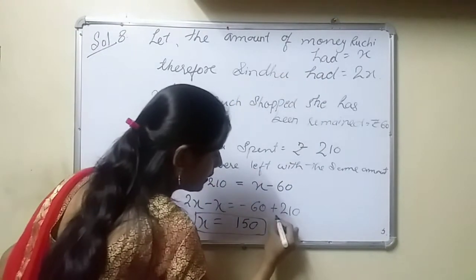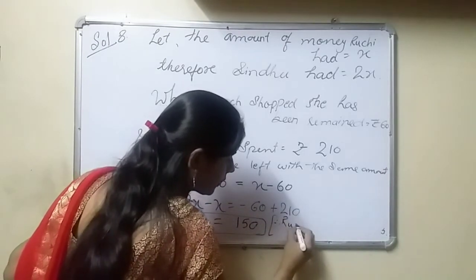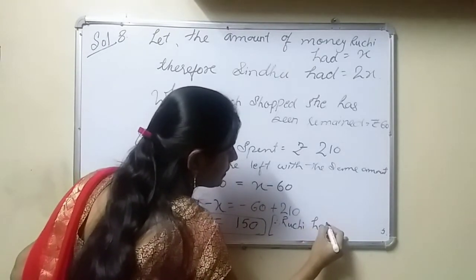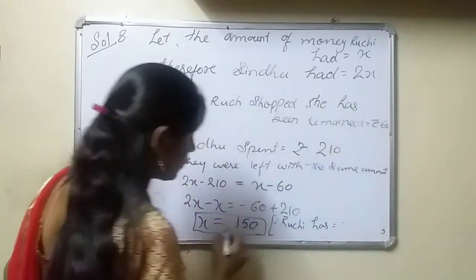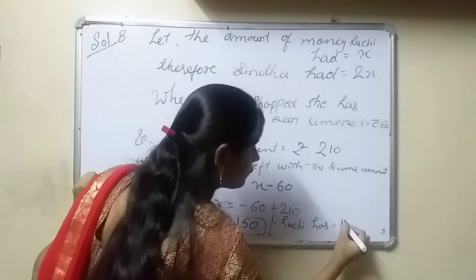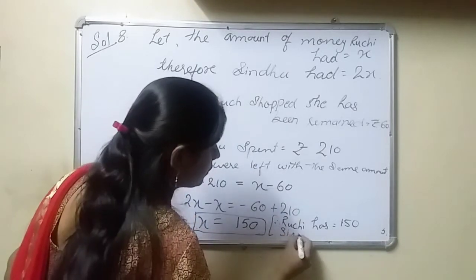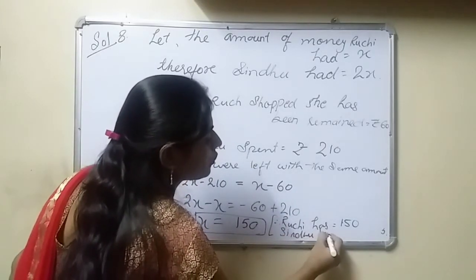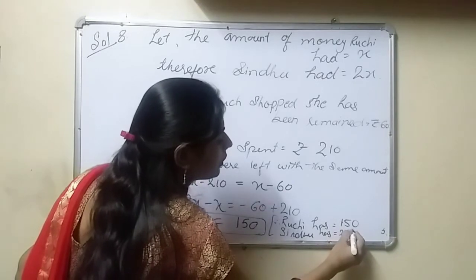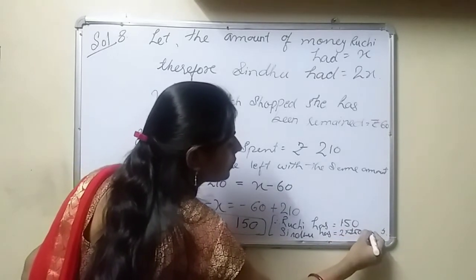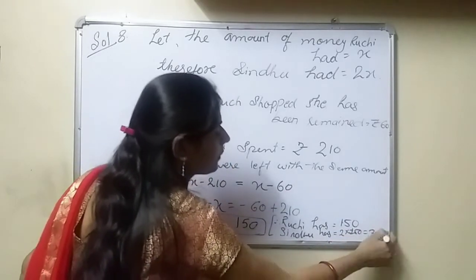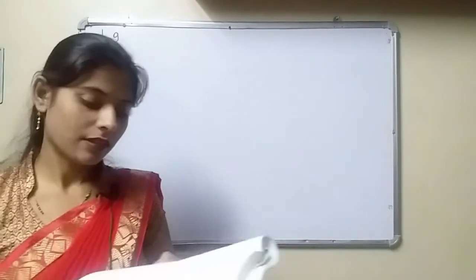Ruchi has x, that is 150, and Sindhu has twice, therefore 2 into 150 is equal to 300. Okay.